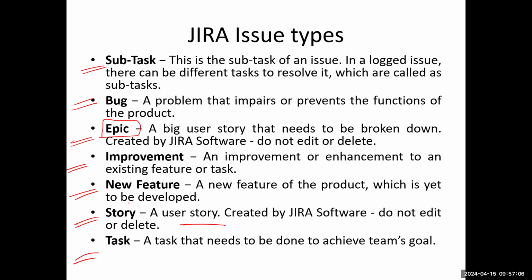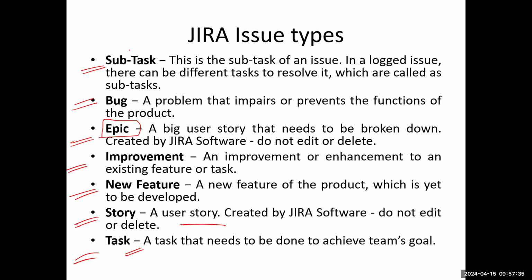To achieve any epic and story, we have to follow certain tasks. A task is nothing but what needs to be done to achieve the team goal. So you are a tester, you are reviewing the particular document, you are preparing test cases, you are executing test cases. That is your task. Clear. Let's say test design is your task, but under that task you might have some subtasks: creation of scenarios, creation of test cases, reports and all.